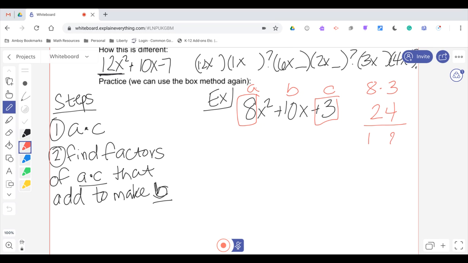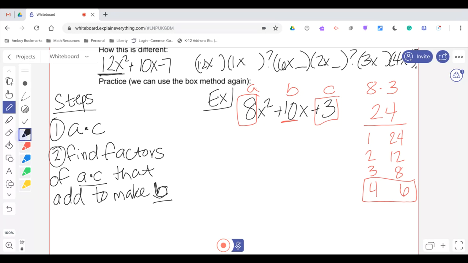There's 1 and 24, 2 times 12, 3 times 8, and 4 times 6. So I want the one that is going to give me 10. And that would be 4 and 6. 4 and 6 together make 10.